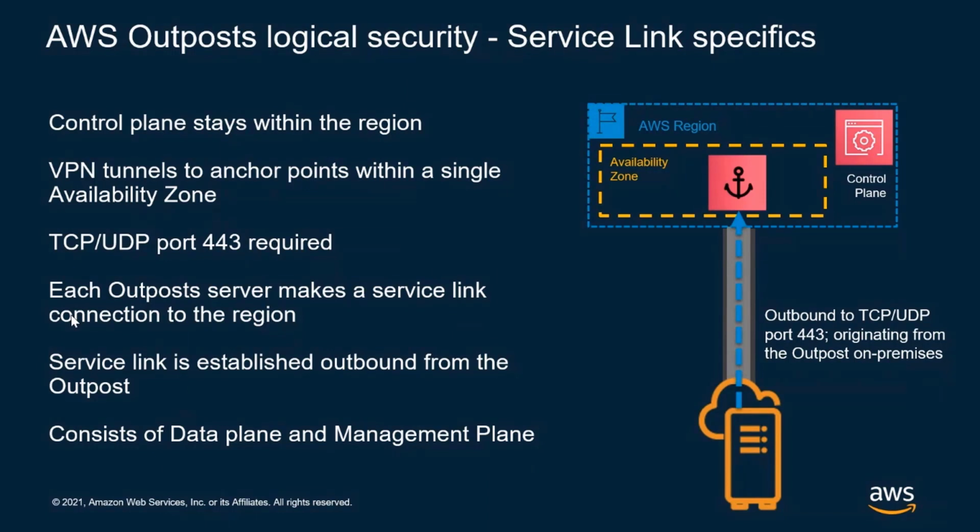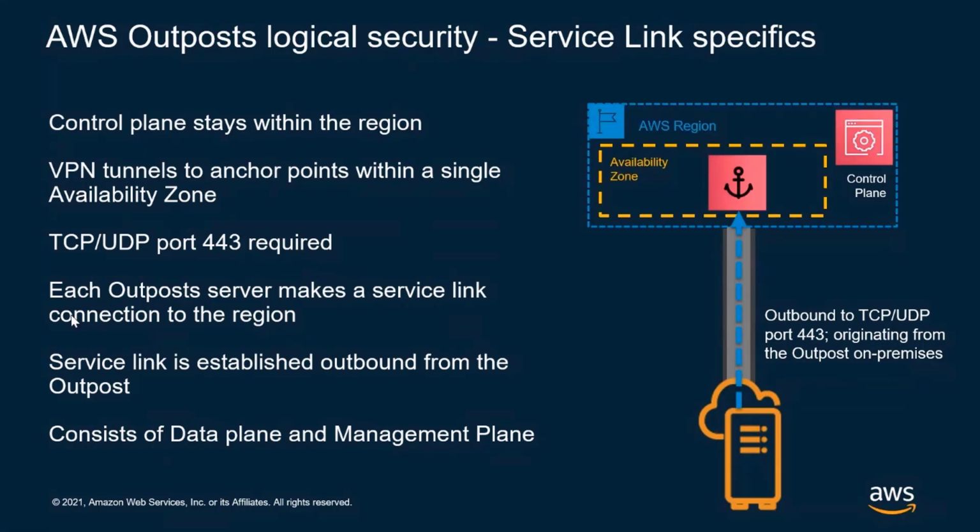And then each Outpost server in that Outpost system or Outpost racks essentially makes a service link connection back to the region. This helps with redundancy as well as individual management capabilities.